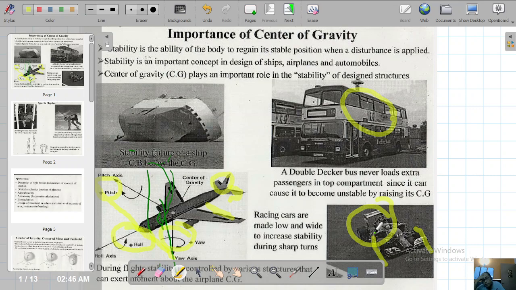Because of these two things, they become more stable, and because of that greater stability, when they turn sharp corners like this at high speeds, they are able to maintain their stability and will not topple because of the high centrifugal forces.